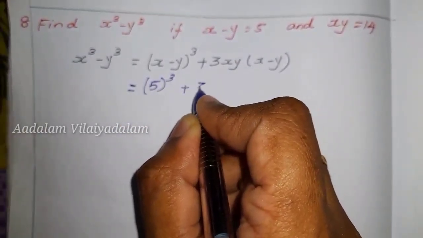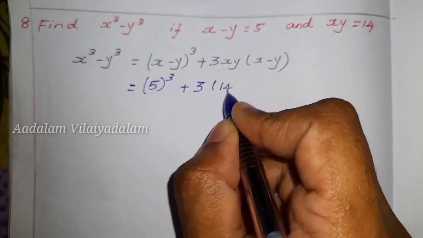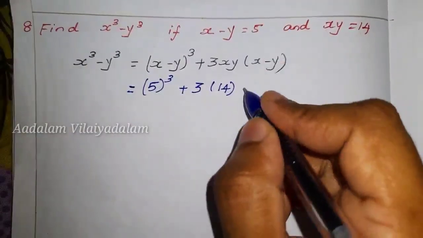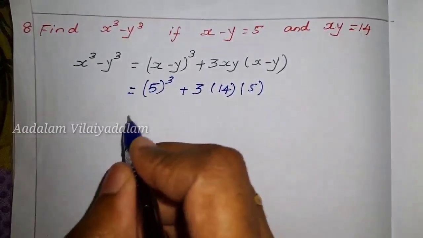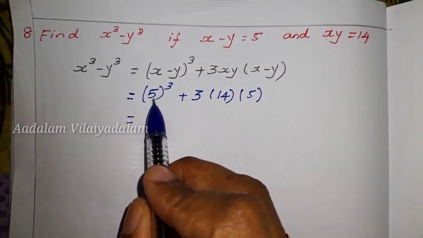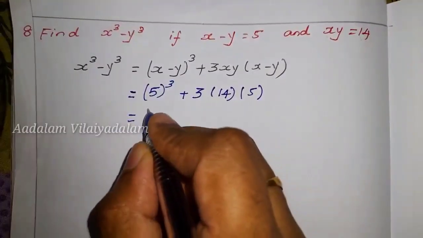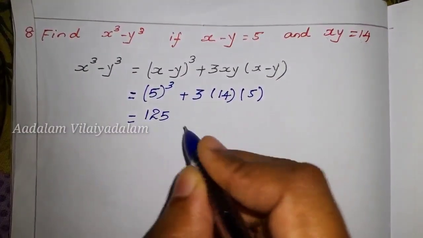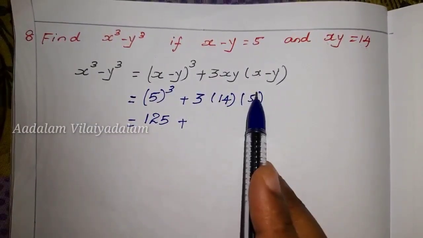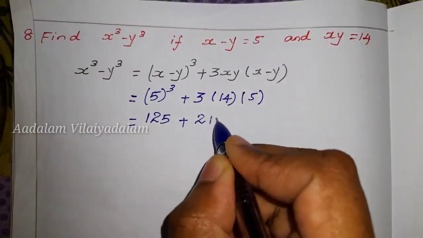plus 3 into the xy value is 14, x minus y value is 5. So 5 cube value, we have to write 5 3 times, that is 5 5s are 25, 25 into 5, 125, plus 3 5s are 15, 15 into 14, the answer is 210.